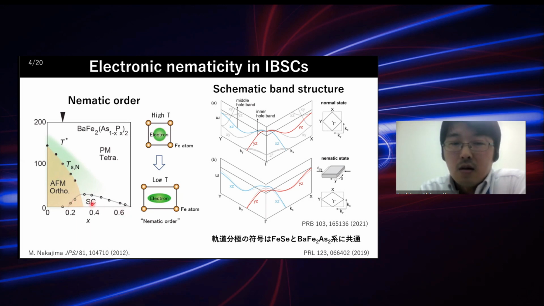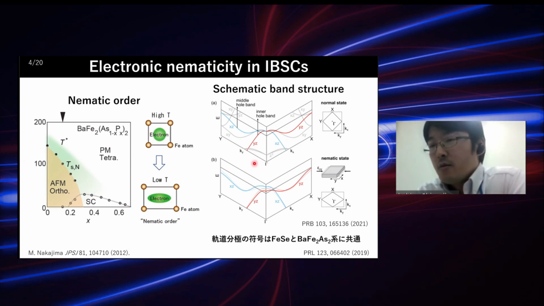At high temperature in the parent materials, the lattice and the electrons show fourfold symmetry. But below Ts or Tn, the system shows anisotropy. The anisotropy in the electrons can be defined in momentum space.